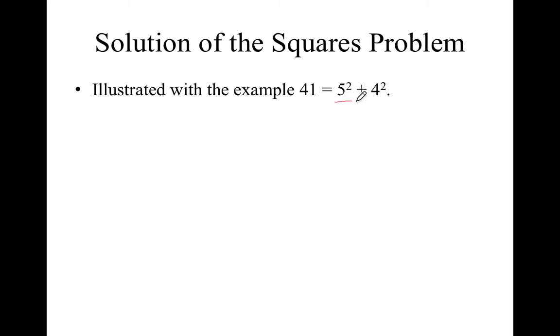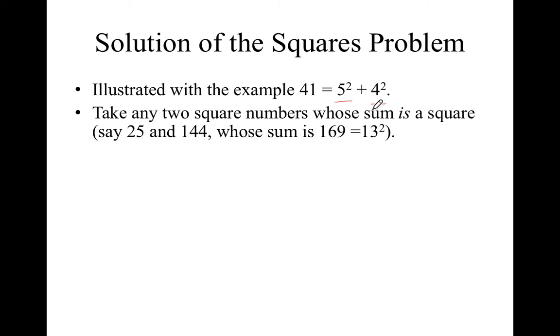of the squares. This is just an illustration of that by an example. So we know that 41 is a sum of two squares, right? 5 squared and 16, or 4 squared. Now we can take any two square numbers whose sum is a square. Okay, so for example 25 and 144, their sum is 169, which is a square number.